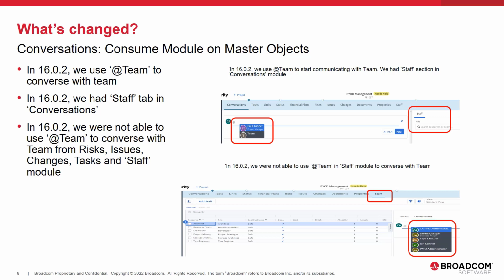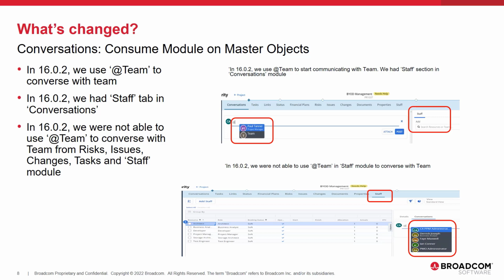Let us continue to understand some more changes between 16.0.2 and 16.0.3 with respect to conversations. In 16.0.2, we use @ team to converse with team. Also, in conversations module, we had staff tab.